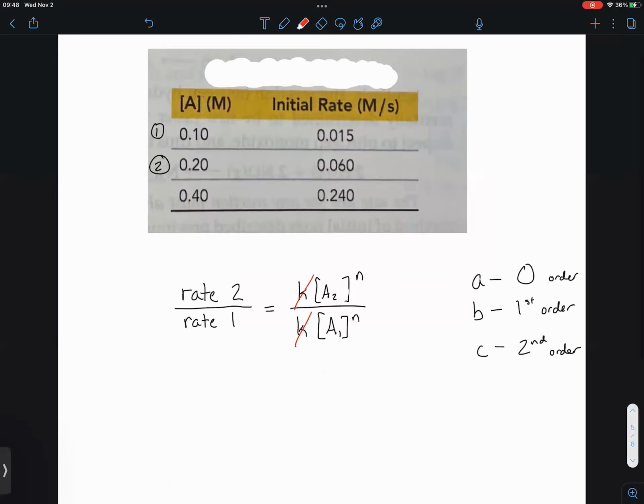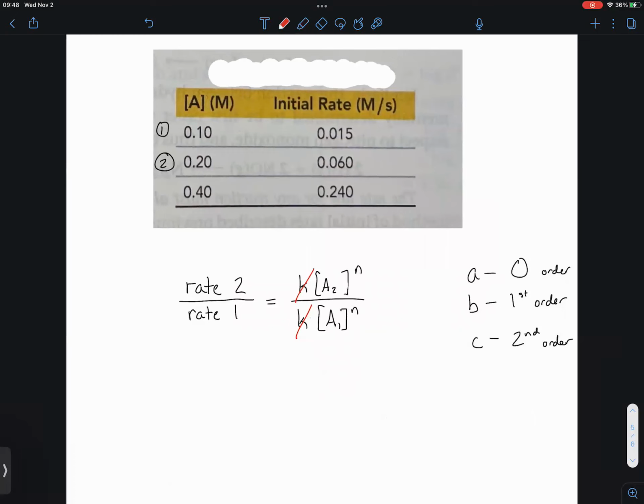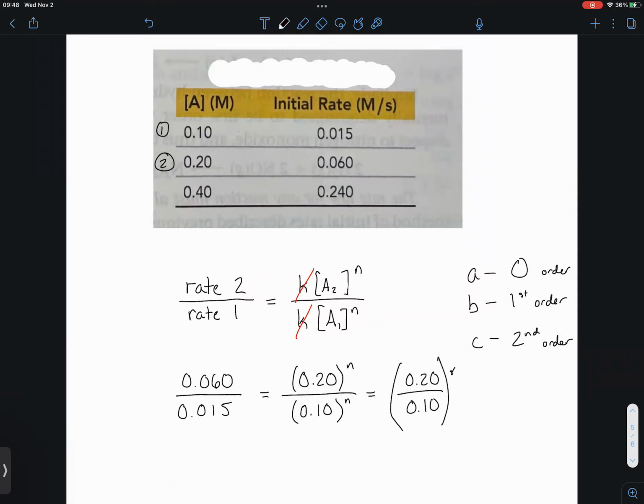Okay, I'm just going to plug in what I get for my values. So the rate of the second data point, 0.060, divided by the rate of my first data point, 0.15, is equal to the concentration at the second data point, 0.20, to the power of n, divided by the 0.10 to the power of n, which again we can simplify as that ratio to the power of n.